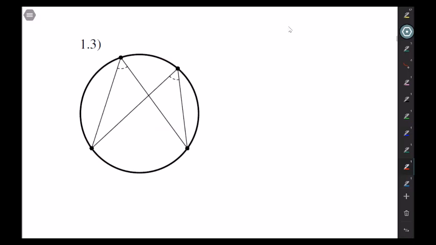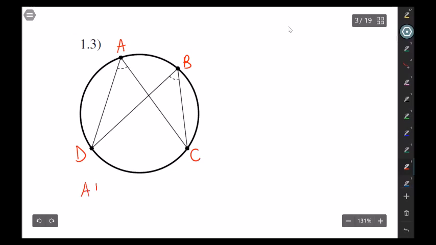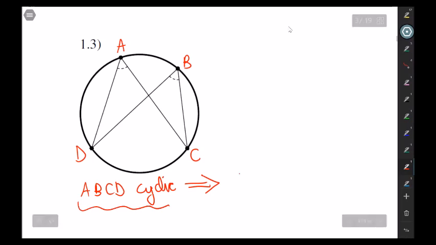Okay, so we see that we have 4 points on the circle, A, B, C, D. If the 4 points are concyclic, so ABCD is a cyclic quadrilateral, then necessarily those two angles better be congruent.